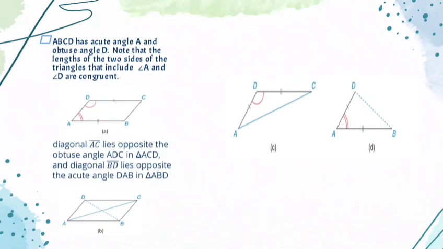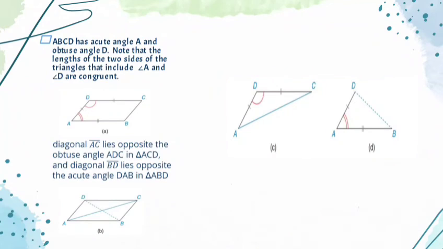In figure 4.7a, parallelogram ABCD has acute angle A and obtuse angle D. Note that the two sides of the triangle that include angle A and angle D are congruent.